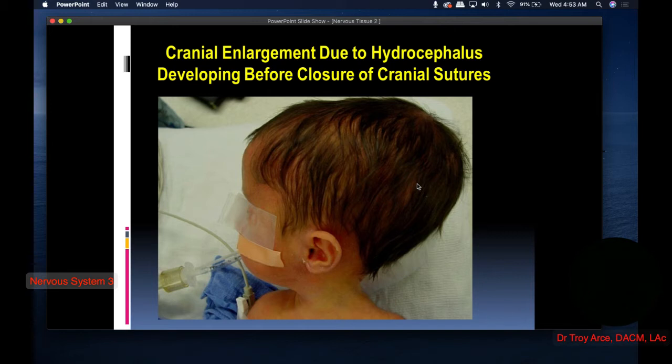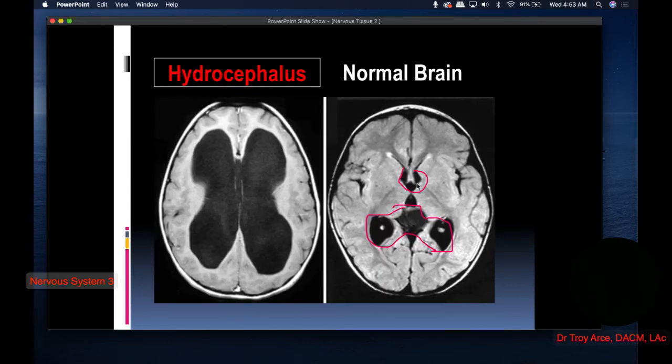As you can see, we have an enlarged area in the back, and this is due to cranial enlargement, right? And we'll go ahead and go to the next slide and show you a picture of a normal brain off to the right. As you can see, the ventricles are normally shaped here, and with hydrocephalus, we have enlarged ventricles.